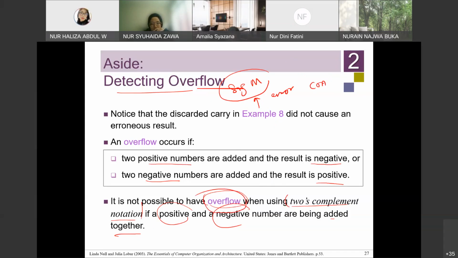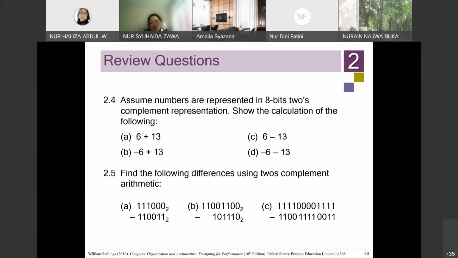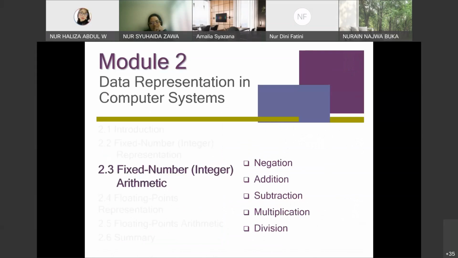So that's why another solution comes in. Here we give you fixed numbers on the integer, and how you can apply them in negation, addition, subtraction, multiplication, and division.